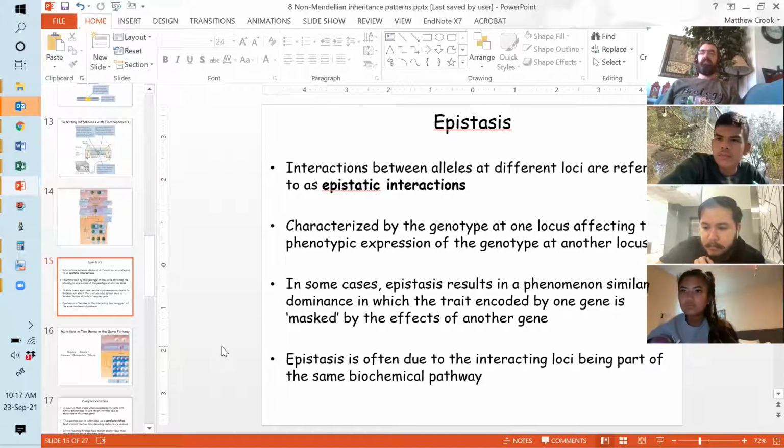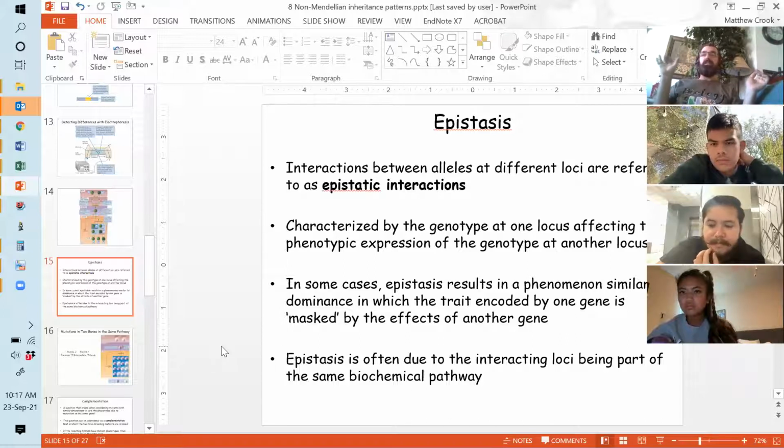So epistasis basically means that the phenotype from one genotype, one gene, can mask or affect the phenotype expressed by another gene or locus. So essentially, you can have different genotypes and express the same phenotype because one of those genes controls or masks what you see from the other gene. That's really what epistasis is about.